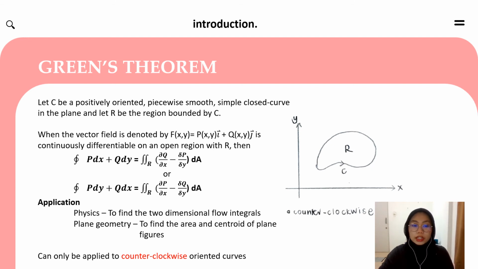Or the integral of P dy plus Q dx equals the double integral over R of (delta P over delta x minus delta Q over delta y) dA.